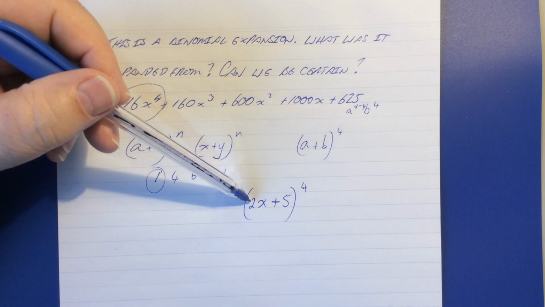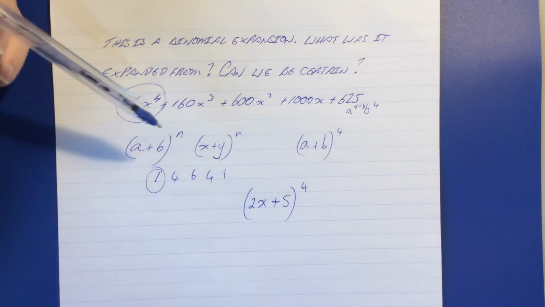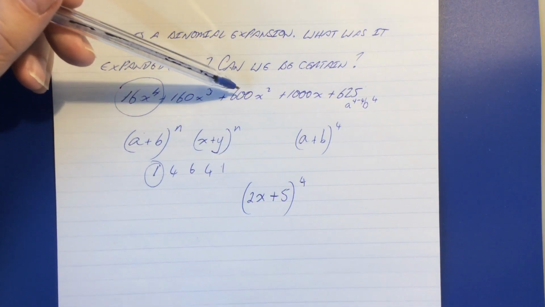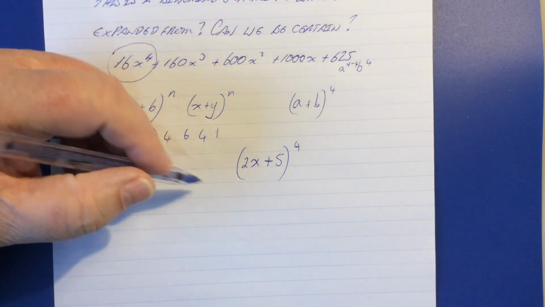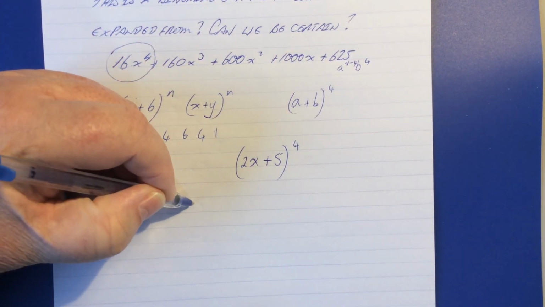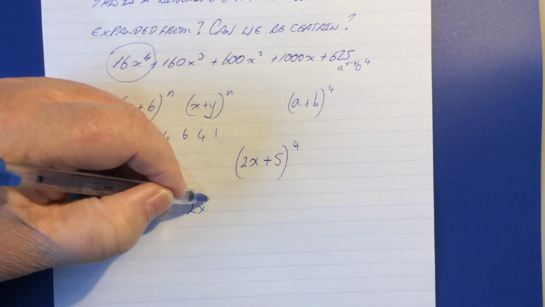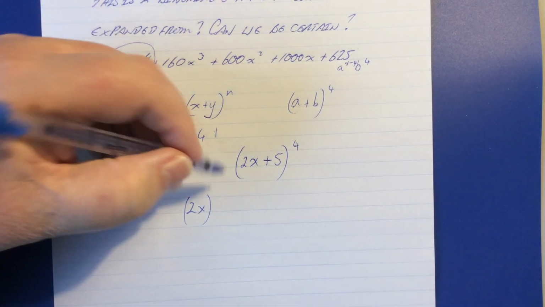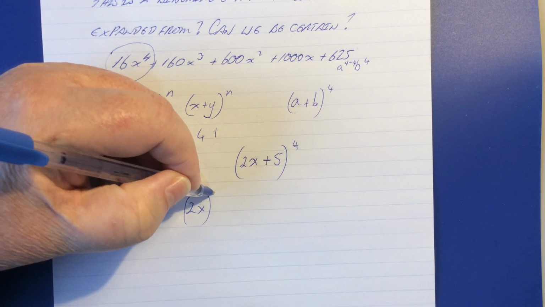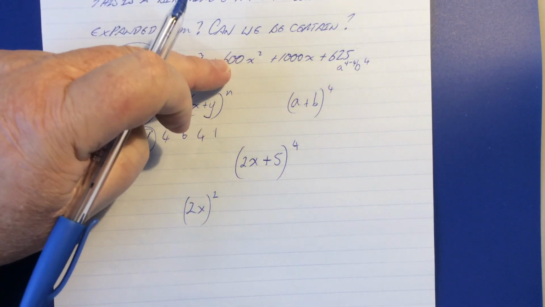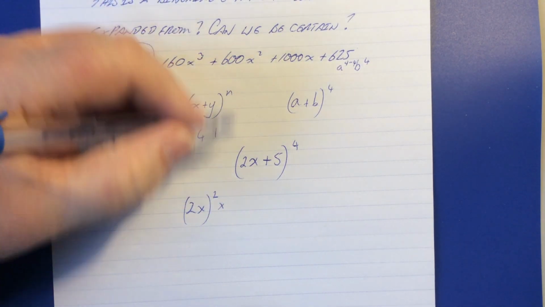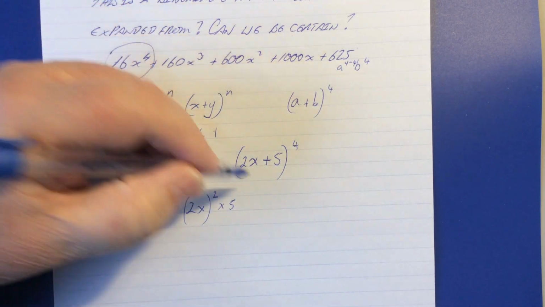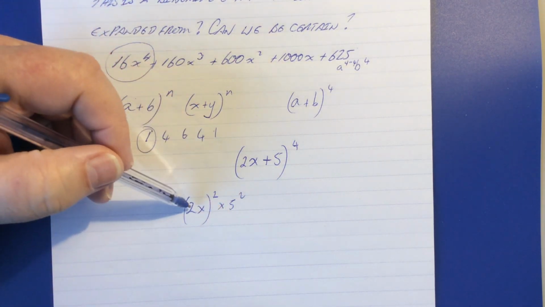Now, the question is: is this an answer? Well, let's check it with this. So this is 2x to the power of 4 minus 2, times 5 to the power of 2. Let's see what we get.